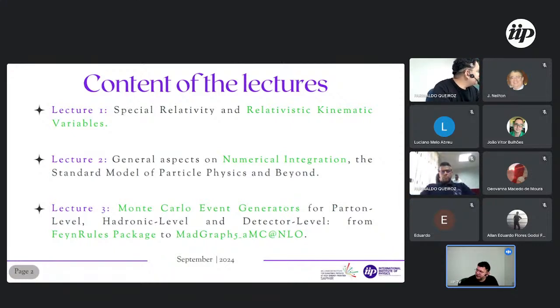And after that, we are going to use the first package, FeynRules. That is a package that works inside of Mathematica Wolfram.